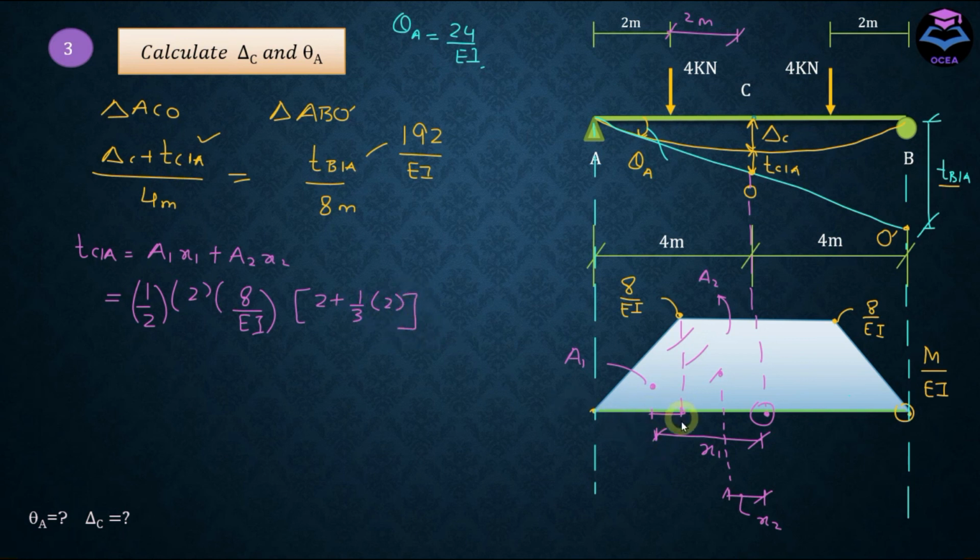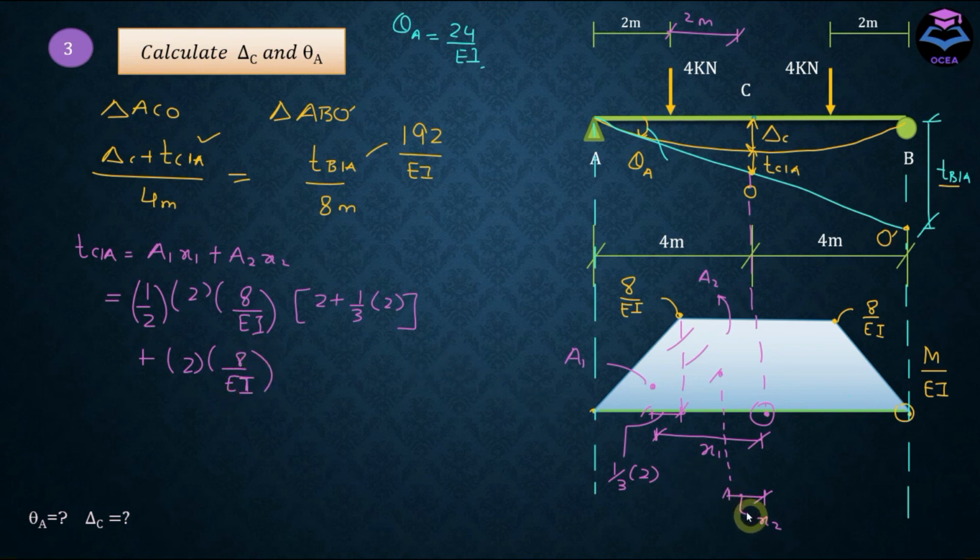If you notice, this distance is equal to 1/3 multiplied by 2. So if you add this distance to 2 meter, you'll obtain the centroid of this triangle with respect to this point. Now area 2 is equal to 2 multiplied by base multiplied by height. And height in this case is also equal to 8 over EI.